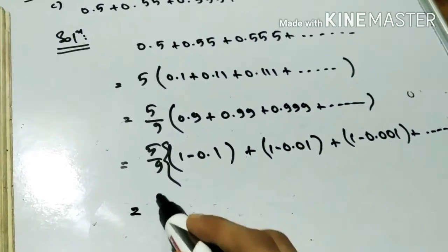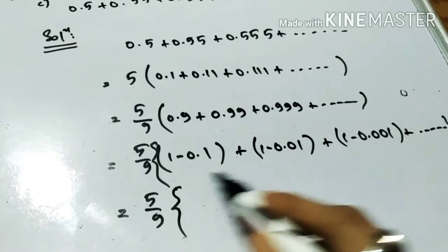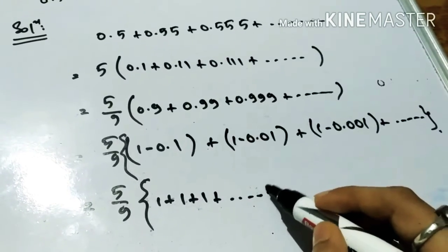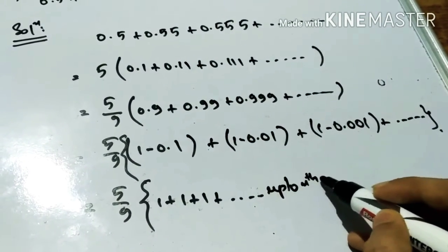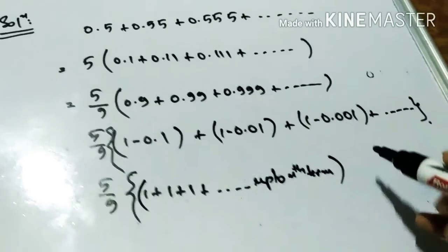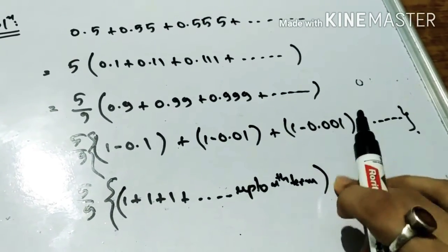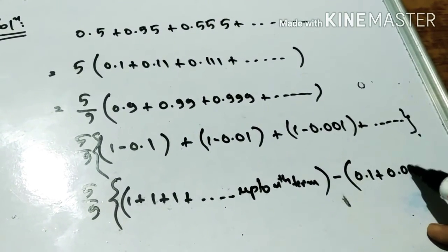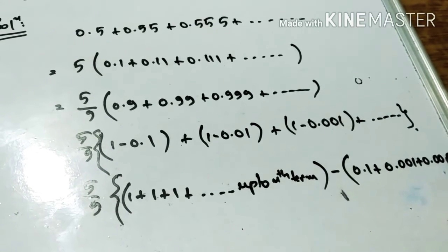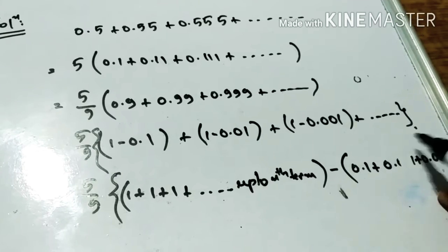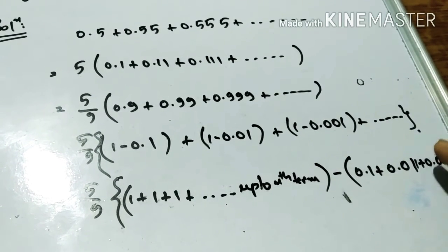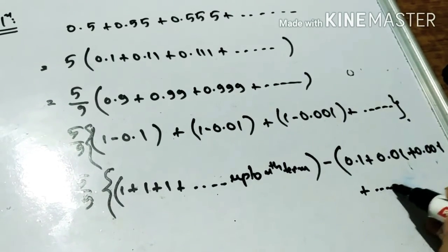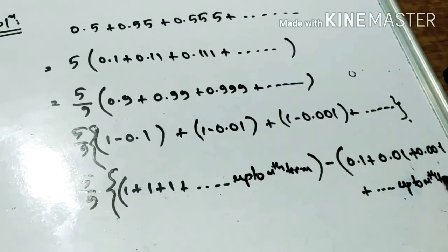This one you got. Now again 5 by 9, this one I will separate: 1 plus 1 plus 1 plus dot dot dot up to nth term, and minus, taking the minus common, 0.1 plus 0.01 plus 0.001 plus dot dot dot up to nth term.